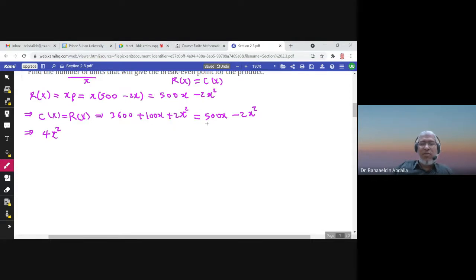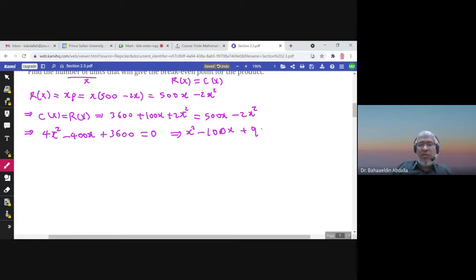So 100 minus 500 is minus 400x. And then I have plus 3600 equals 0. Now, 400 divides by 4 and 3600 divides by 4, so I can make it easy by dividing all terms by 4. This will give you 900.